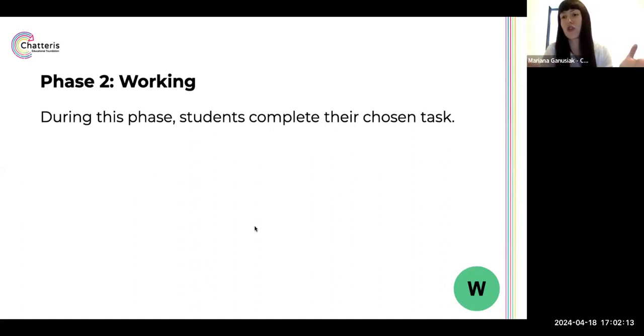So you will need to set a time frame. Actually, I forgot to mention then that I think it's important to mention how much time they will have at the beginning of the lesson, because the time frame may actually affect their choice. Depending on how much time you have, they may choose a different option as well.